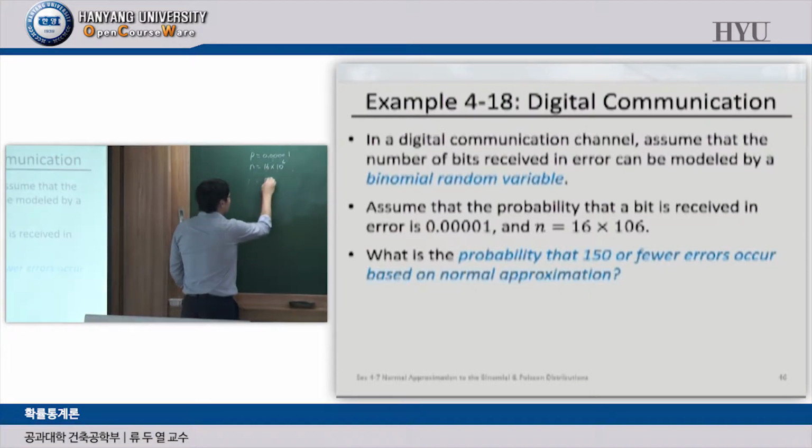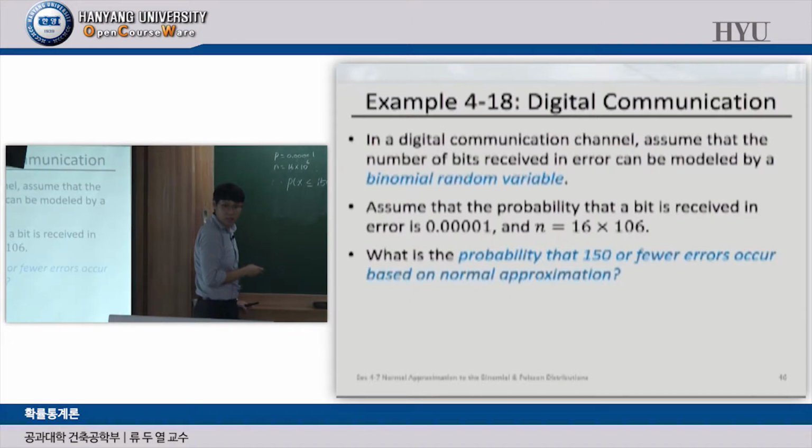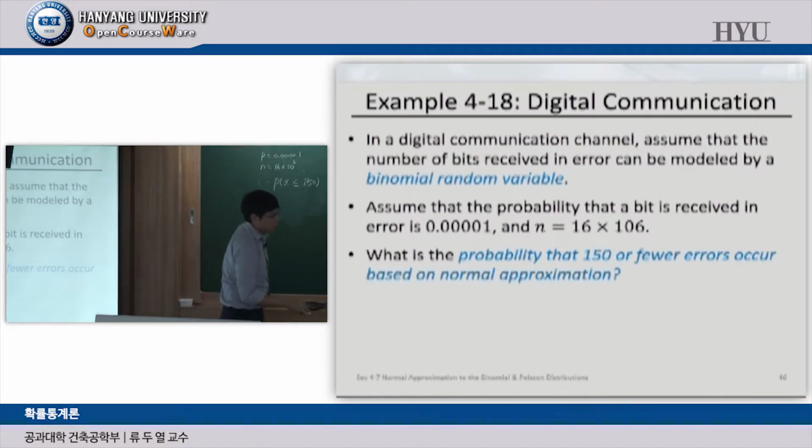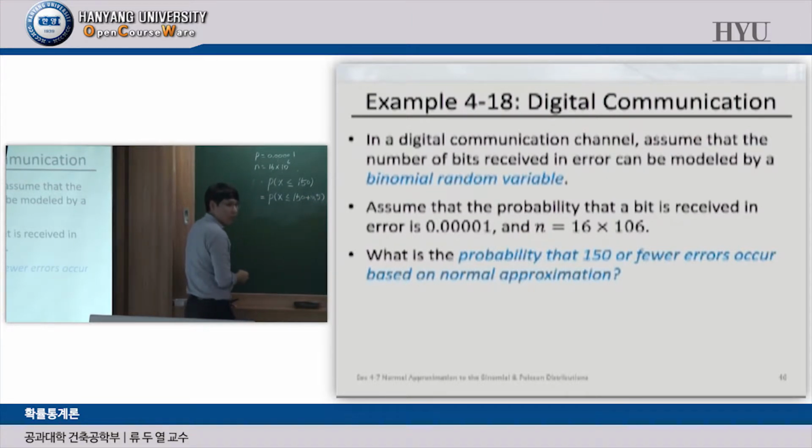So we have to calculate the probability of x when x is equal to or smaller than 150, right? And in this case, we are going to use the normal approximation. So this will be changed to the probability of x when x is smaller than or equal to 150 plus 0.5, right?